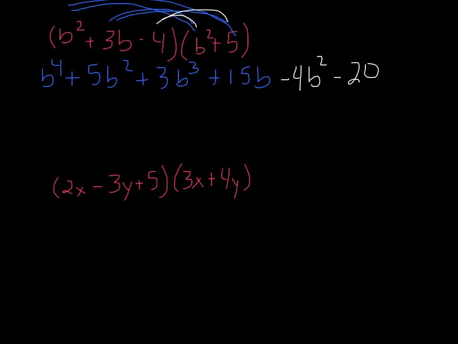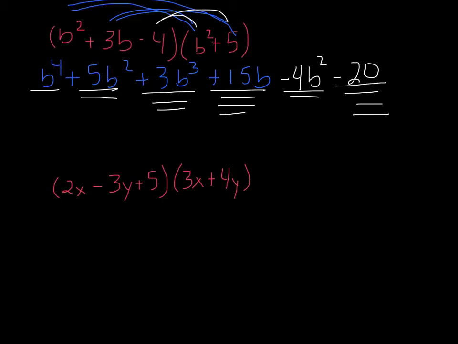Okay, now we combine like terms. We have 1b to the fourth, we have 2b squareds, we have 1b to the third, we have 1b, and we have 1 constant. So we got b to the fourth. I'm going to do the b to the third first, so I put it in order right now. So plus 3b to the third.